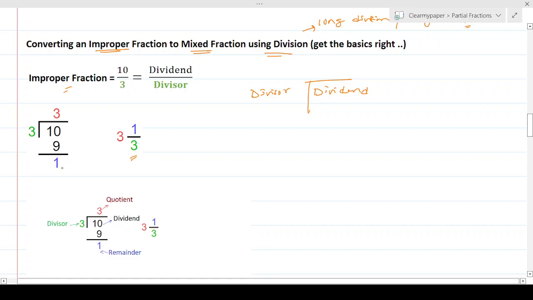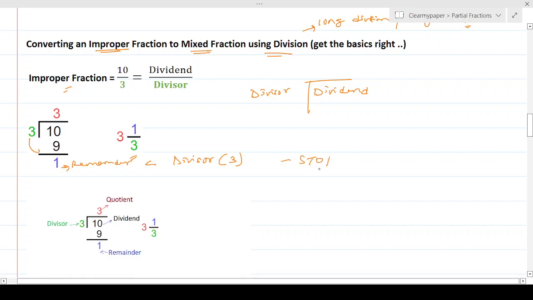Now this remainder is less than the divisor, which is 3, so we cannot divide it anymore. Whenever we get a remainder where we cannot divide anymore, we just stop the process.